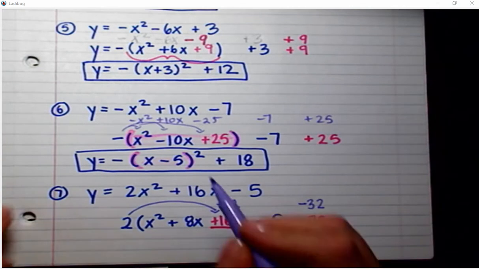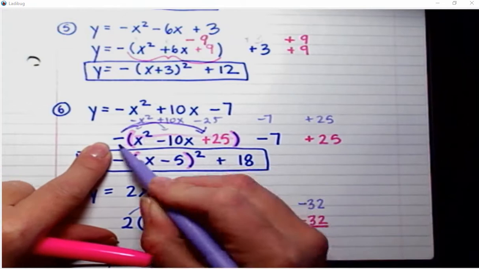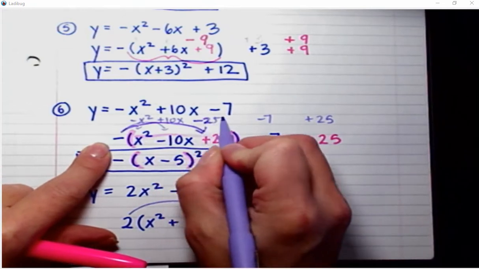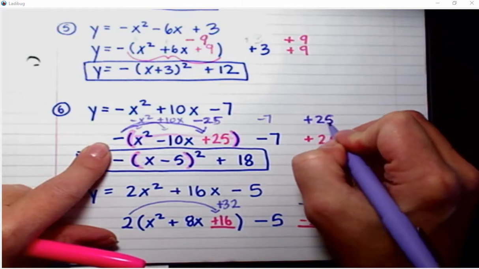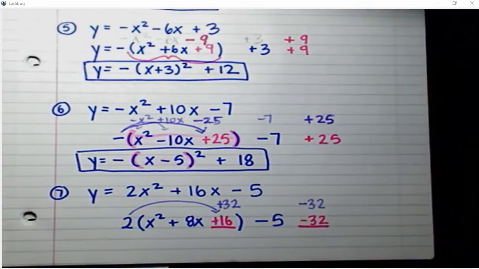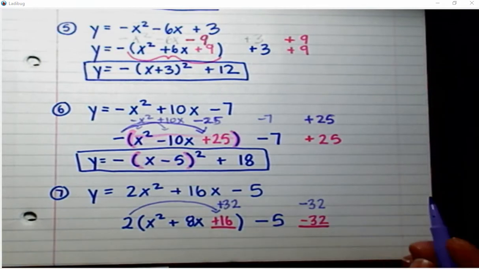The only thing I really check is minus 25. So outside it has to be opposite. I don't do my full distribution. I just check the term that is different and make sure that it's equal.